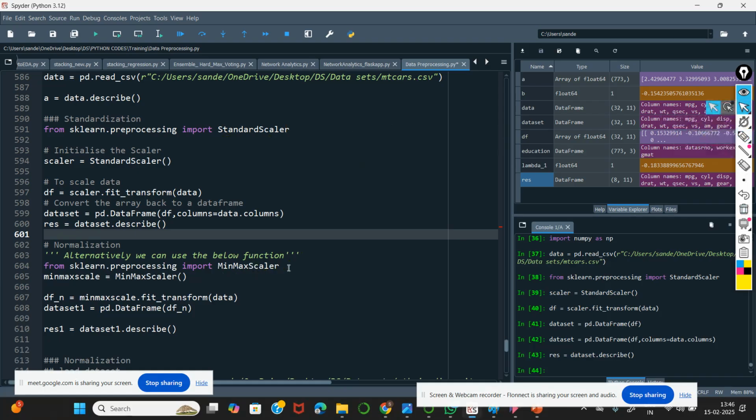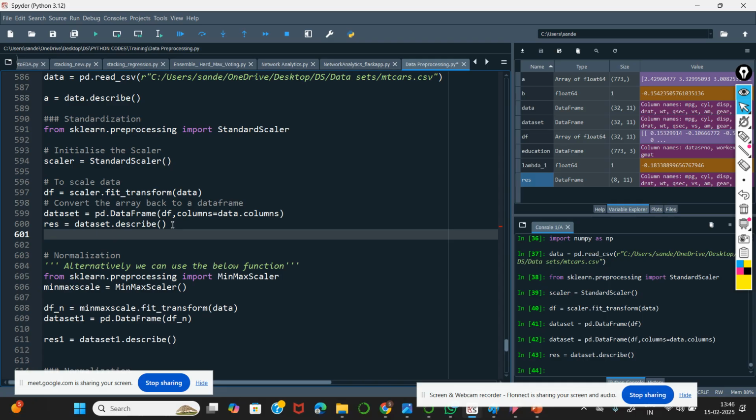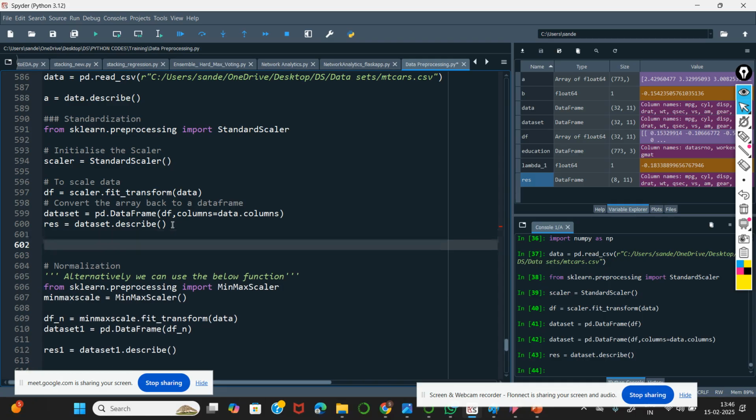Look, min max scaler. If I use this min max scaler, and one more thing guys, let me show you a new thing, but it is not even necessary.